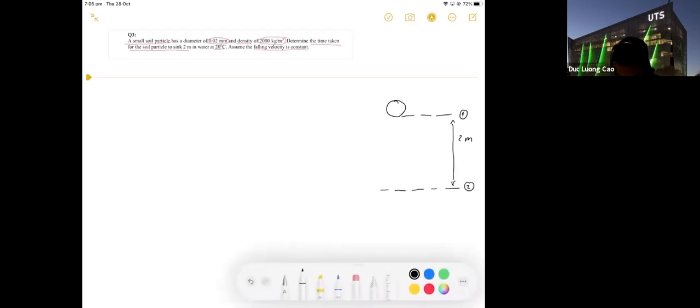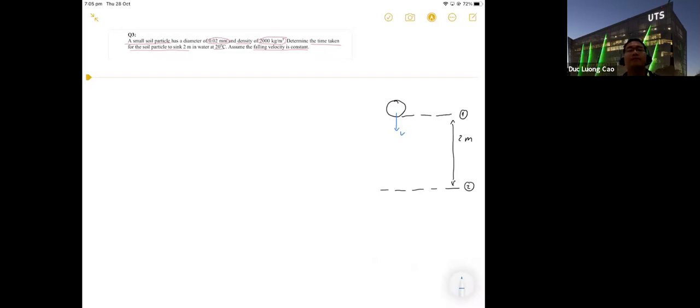With constant velocity V, you have to find the time taken for the soil particle to move from point 1 to point 2. Do you remember the equation to find time?